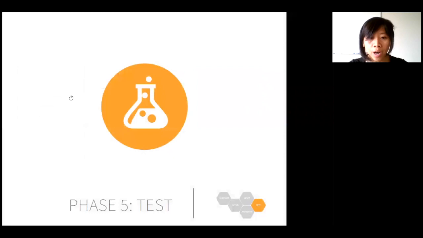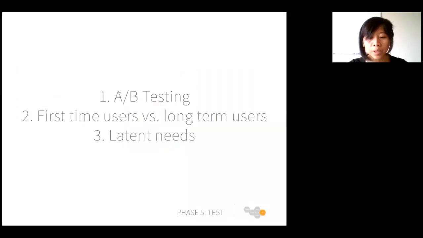So once you've gone through all that prototyping, you really want to test with your users. And I want to break this section into 3 parts. The first one is called A/B testing. And this is when you have a group of beta testers and you want to split them apart into different sub-users. So in this case, for example, you may have created, say, 3 different versions of your website.